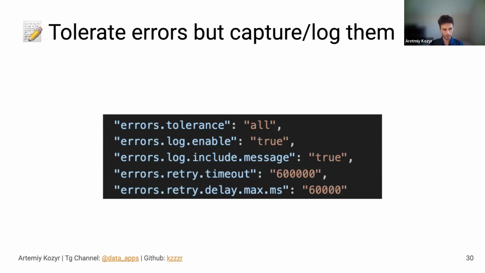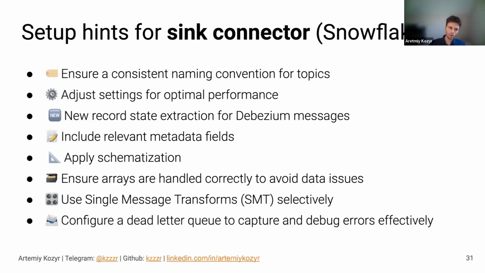Imagine you would have 1% of invalid or error-prone rows in your database, but 99% or more are really valid and okay. So why would we end up with an error? So I suggest tolerate all the errors, however, log them. Always log.